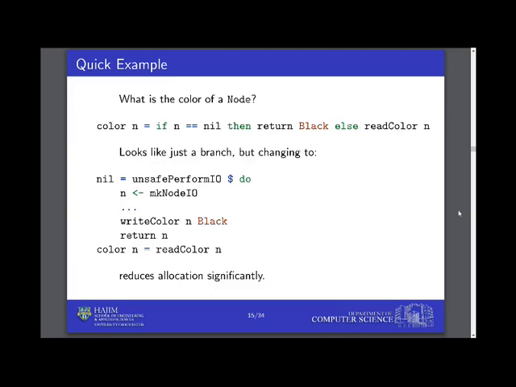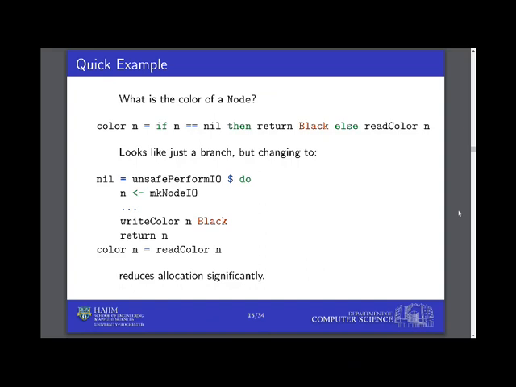So an example of that: if we have a red-black tree and we want to know what the color is, well, just naively, I make a distinguished nil object. I don't get to use sum types with TStruct, unfortunately, so I have to do something. So I make a nil, and then I have to add all these checks for nil all over the place. But that's not so bad. It's just a branch, right?